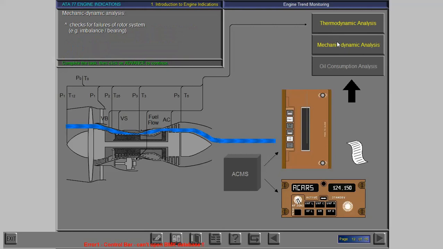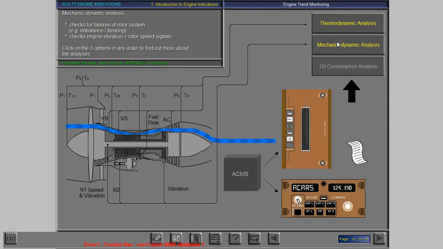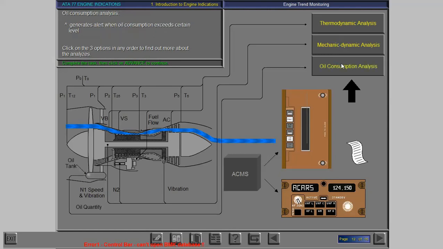The mechanic dynamic analysis mainly checks for failures in the rotor system, for example, imbalances and bearing failures. To do this, it checks engine vibration and rotor speed signals. The oil consumption analysis generates an alert when the oil consumption exceeds a certain level.